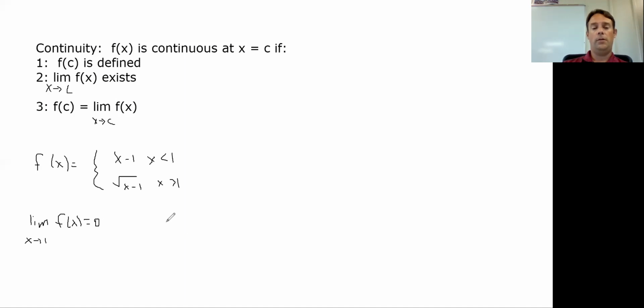But so I would have met one of the qualifications, but it has to meet all three characteristics. However, if I were to plug 1 in here, notice this right here is less than, this is greater than. I don't have anything when x equals 1. So this would have been undefined.